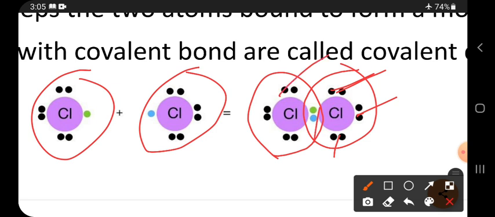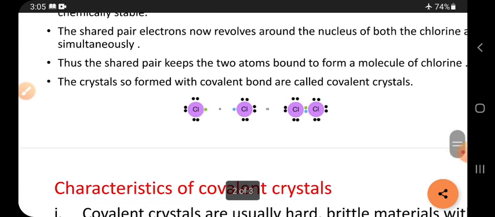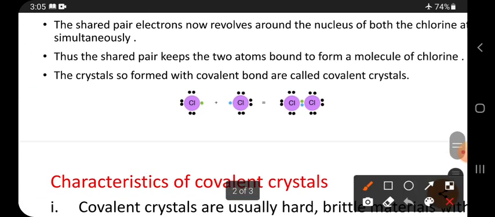Here also 2, 4, 6, 8. So this pair is shared between these two atoms. That is why they form a covalent bond. Thus, the shared pair keeps the two atoms bound to form a molecule of chlorine. The crystals so formed with covalent bonds are called covalent crystals.